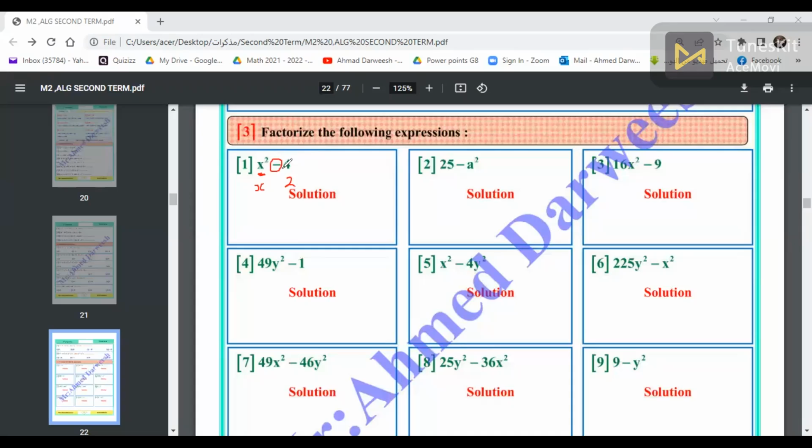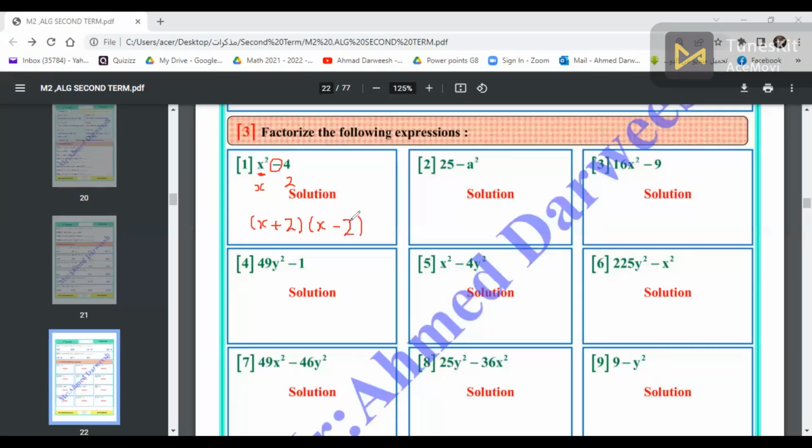Okay, let's go to the next point. How can you factorize it? We can simply factorize it using this way. Two brackets. The first one is positive and the other is negative. Of course, not necessary. You can make it negative and positive. But the point is you are going to write the x here and the x there, and the 2 the same, and we are done.